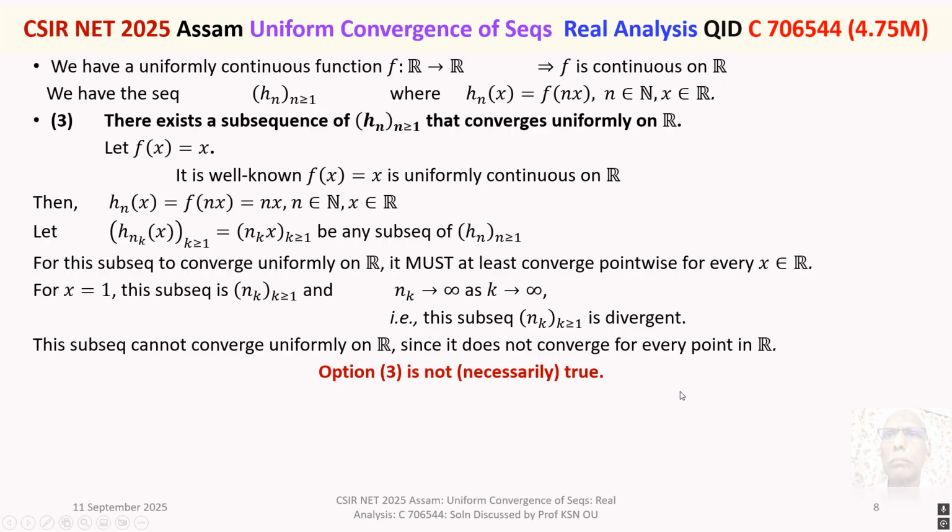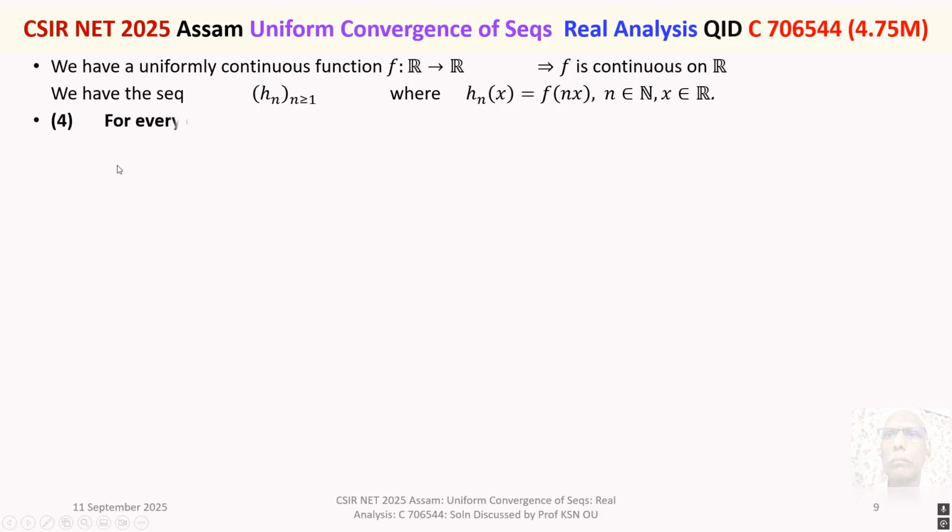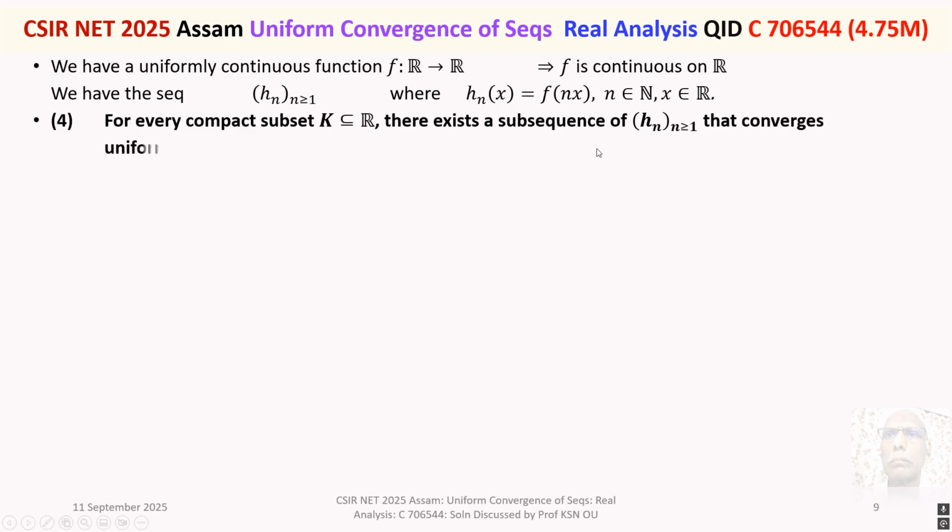Right. We move on to the last option, option 4. For every compact subset K contained in R, there exists a subsequence of h_n that converges uniformly on K. Right. So let us consider the same example, f(x) = x.